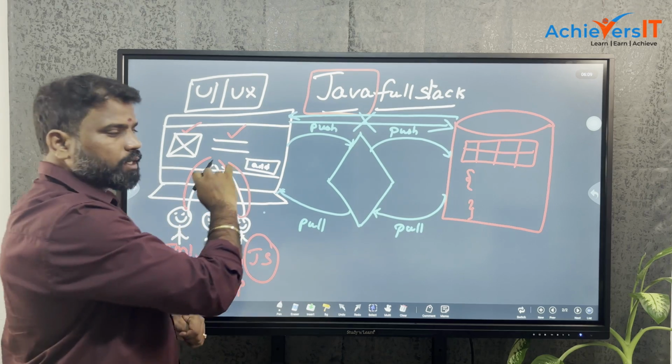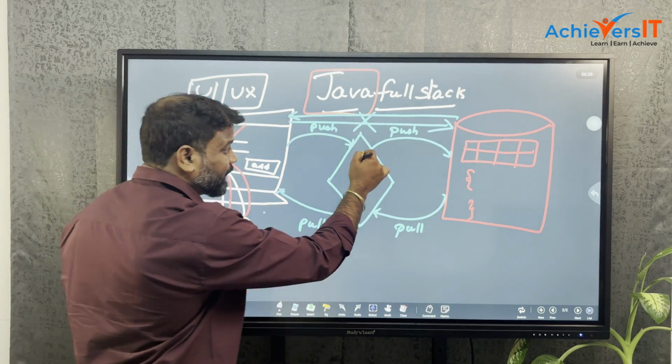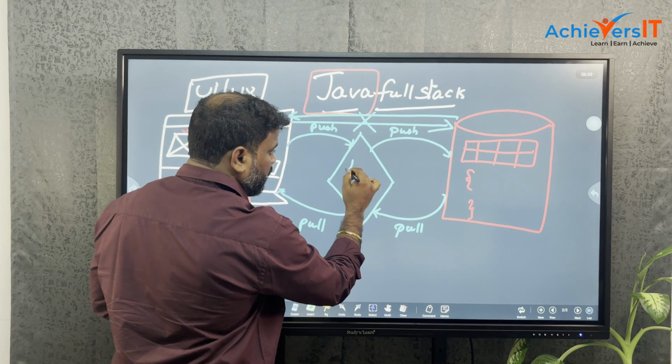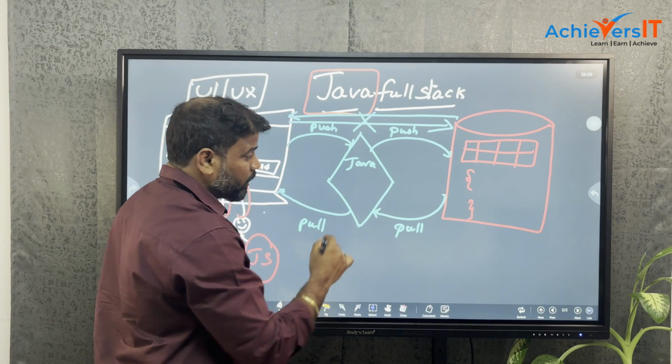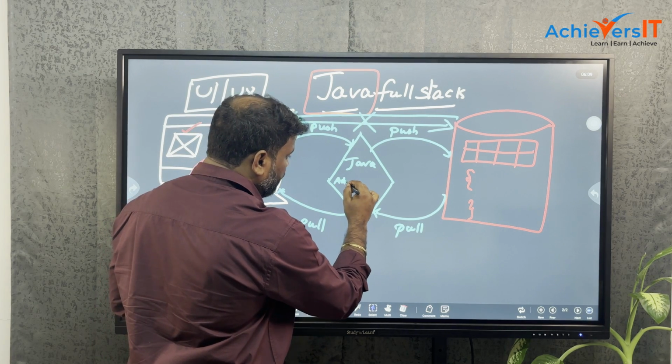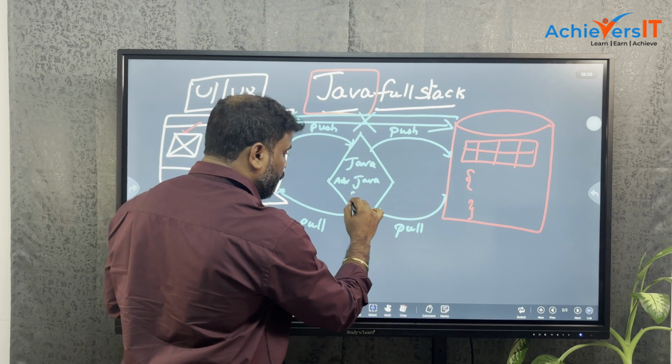This is where Java full stack engineers have to put their efforts to write this particular layer. They must understand Java, that is core Java. We should also understand ADV, Advanced Java. We must also have knowledge of frameworks.